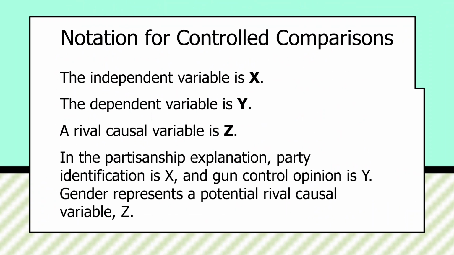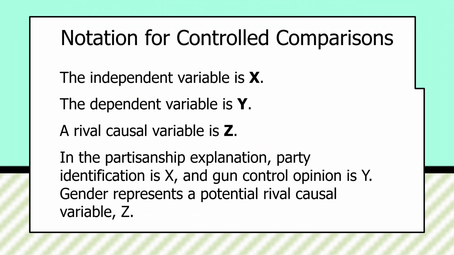The dependent variable by Y. A rival cause is represented by the variable Z. In the partisanship explanation, party identification is X because that's featured in our favorite hypothesis about party ID, and gun control opinion is what we think is being caused by X, and gender represents a potential rival causal variable Z.